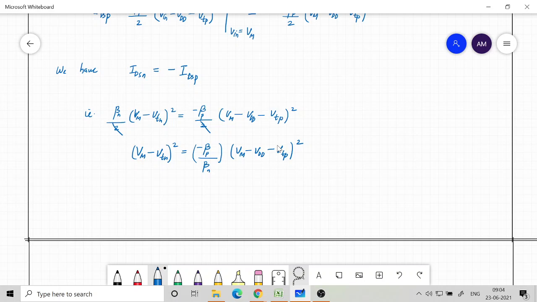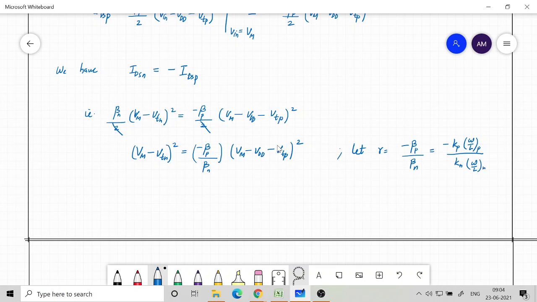So this positive number I will call R. Let R be equal to minus beta p by beta n. If I expand this, it is basically minus kp into W by L p divided by kn into W by L n.